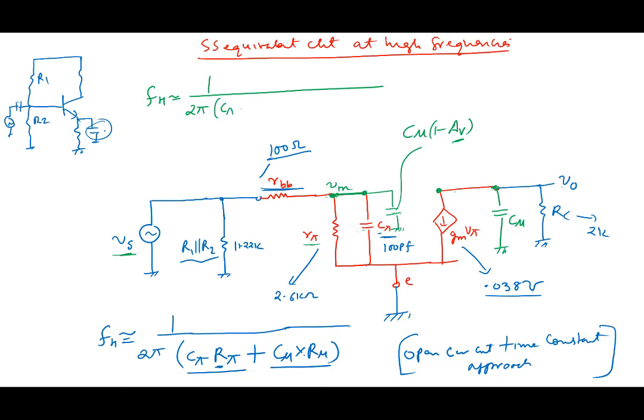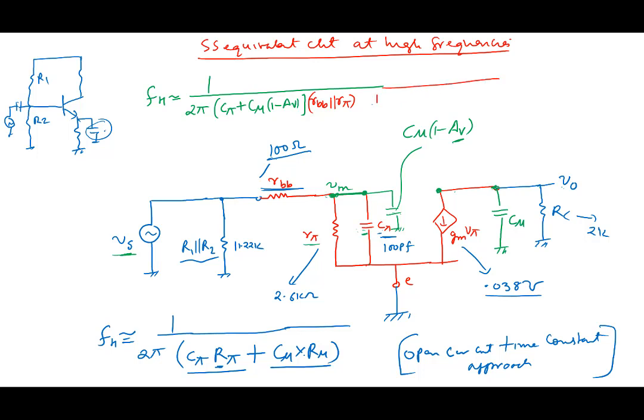What is the net resistance seen by this C pi combination? R1 parallel R2 gets shorted here. So the resistor seen by this is RBB in parallel with R pi.